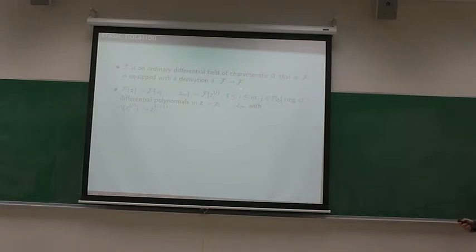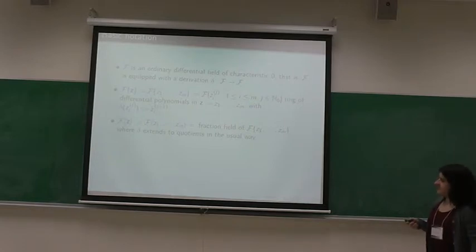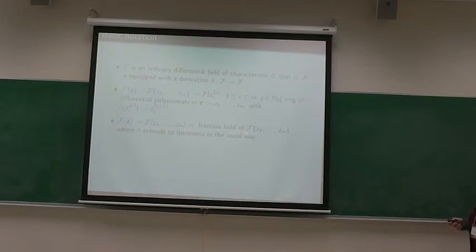Now the derivation delta is extended like this. Then the notation that I already used is the fraction field of this ring of differential polynomials, with the derivation extended respectively.